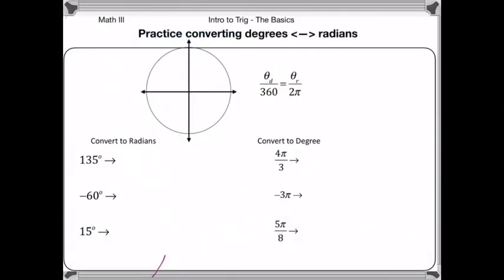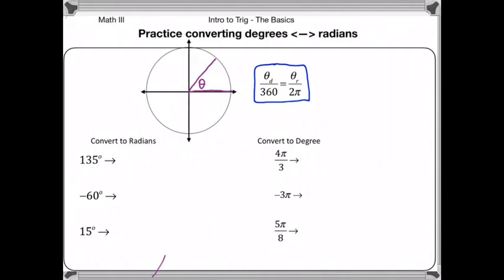Okay, since we introduced radians, let's take a look at how to convert radians to degrees and back and forth. The formula that I've always memorized is this, and let me explain how it works. Say you have some angle, theta.